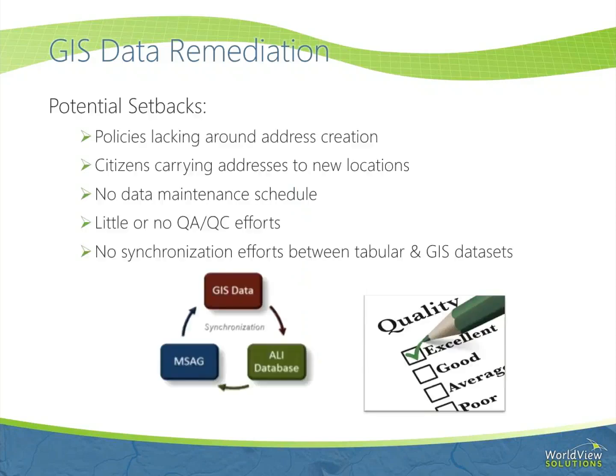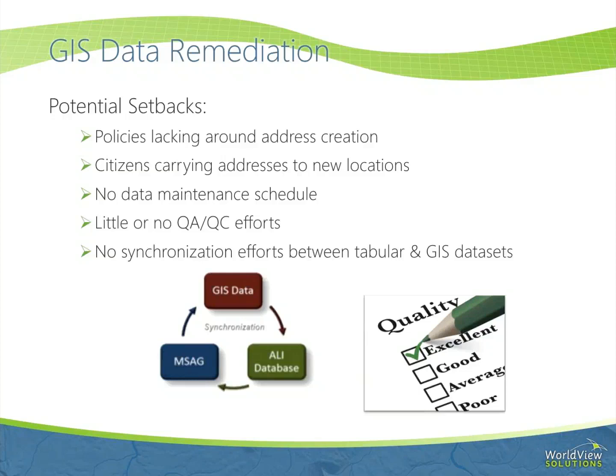And so for potential setbacks during your data remediation, policies lacking around address creation, for example, not anticipating future buildings in your address ranges along the road, where you're very snug along that address range and 5 years down the line, you add a new building, for example, and it can't fit in that possible road range you provided.